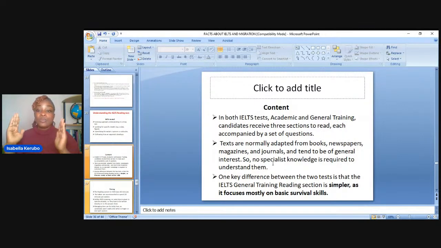All right. And the difference between the 2 tests: the IELTS reading test in the general training is slightly easier or simpler, if I can put it that way, compared to those who do the IELTS academic reading.